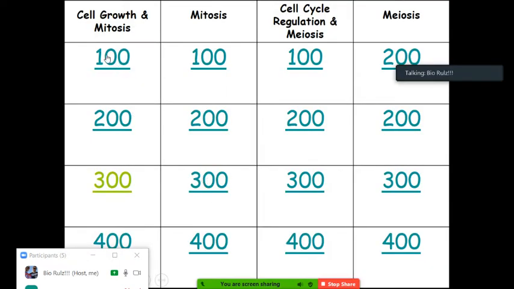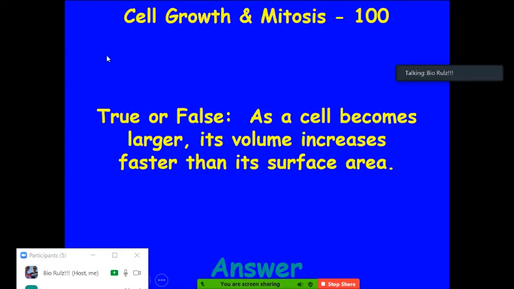All right, here we go. Well, we'll jump into these. True or false? As a cell becomes larger, its volume increases faster than its surface area. Very related to the question you just saw. Okay, so I'm going to give you guys 30 seconds on this one question.